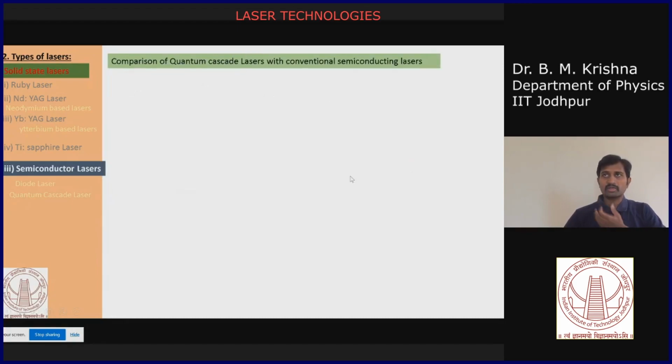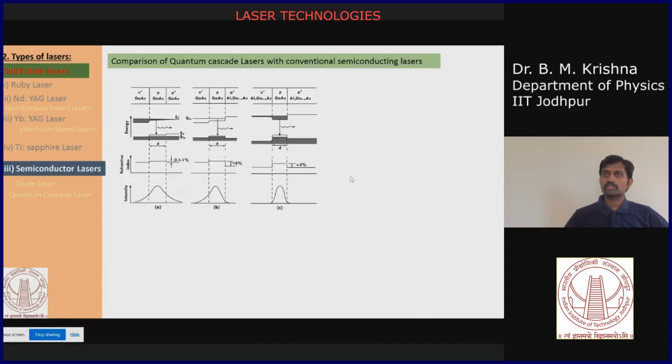Now if you compare typical quantum cascade lasers and conventional semiconductor lasers, in semiconductor lasers you can make either homojunctions or heterojunctions. There also we have engineered the band gaps. You see these are the conduction bands. You engineer your conduction band to have a population inversion.